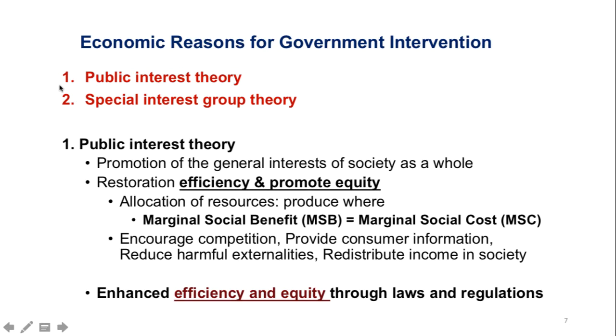Now, there are two theories that explain the government's interventions, so the economic reasons for government intervention. The first theory is the public interest theory, and the second is the special interest group theory.